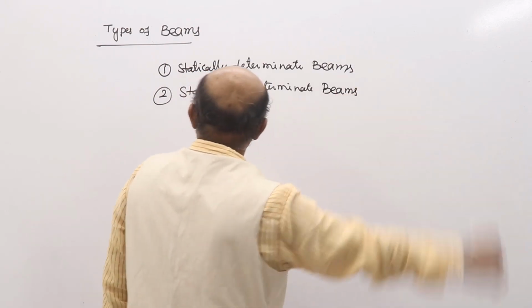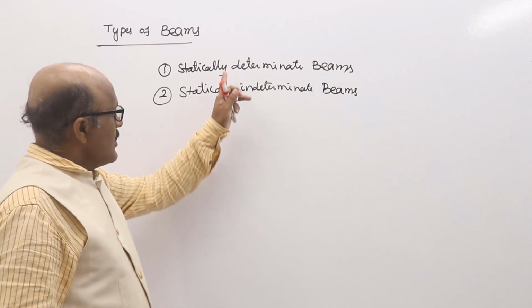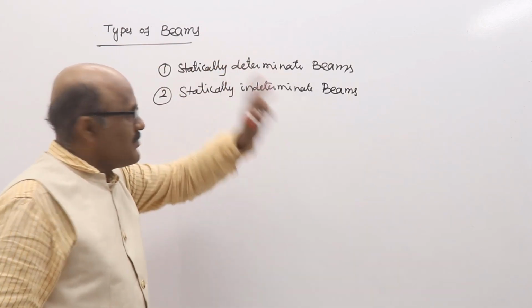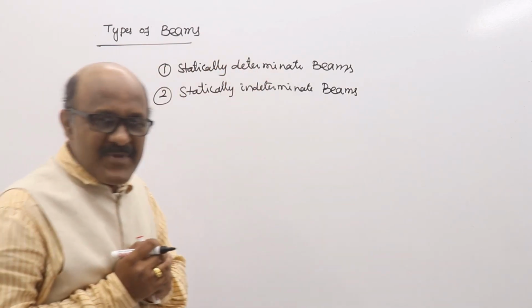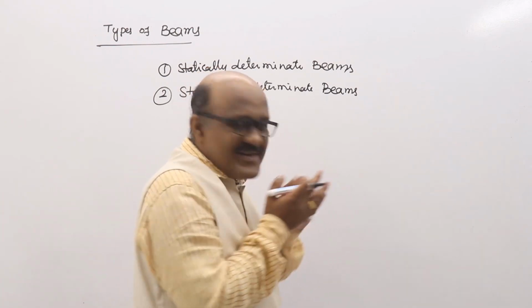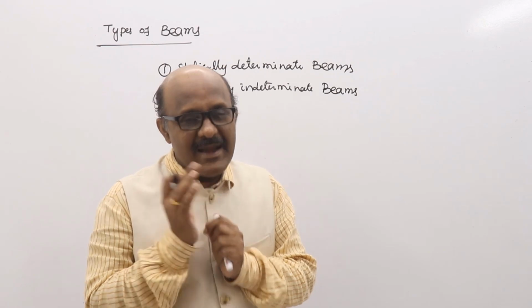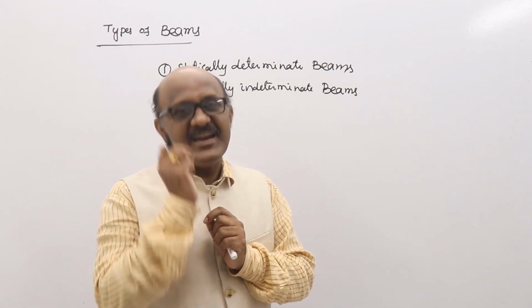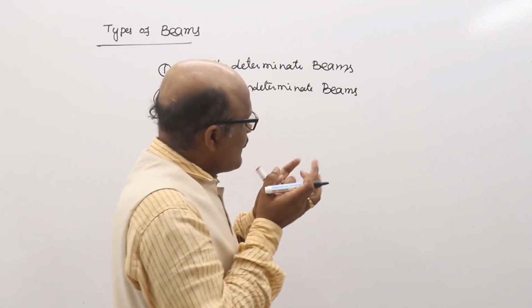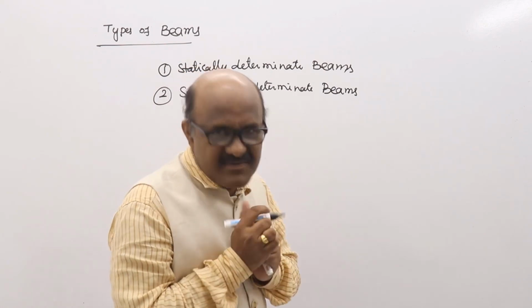So now, here, statically determinate beam. You know equilibrium equations. Just now we have discussed. That is already studied in engineering mechanics. Number of equilibrium equations? 3. We are always talking about a 2-dimensional system.